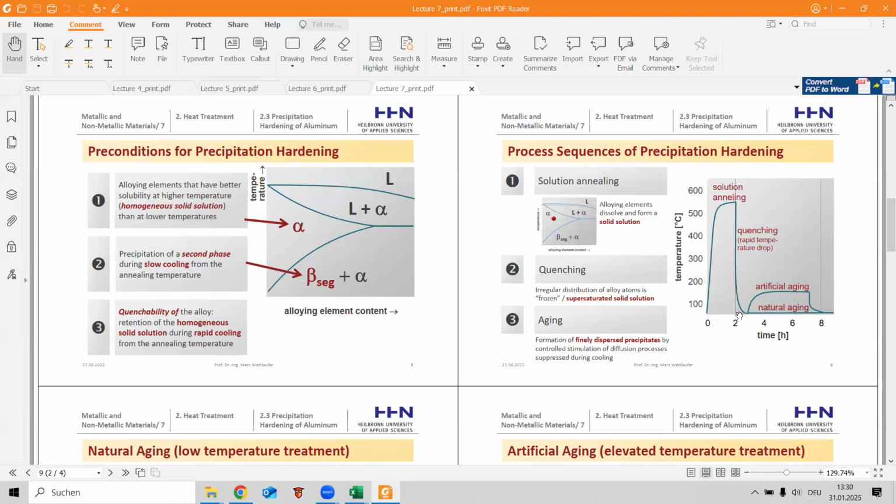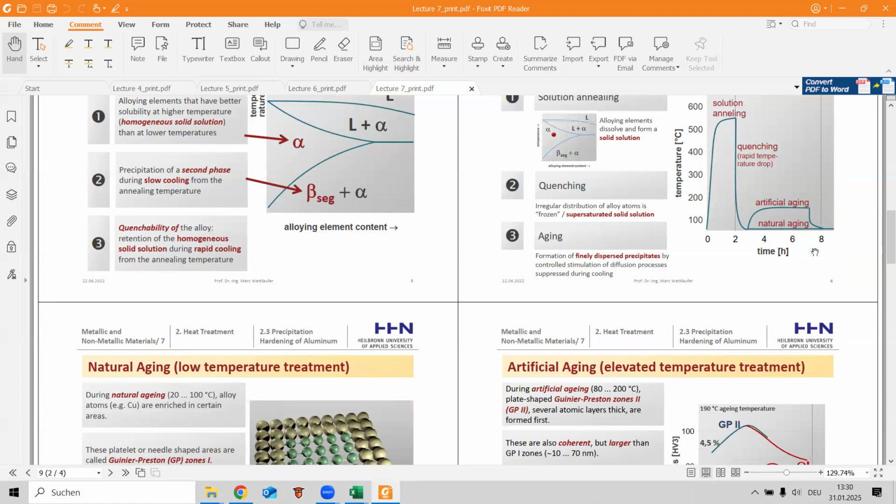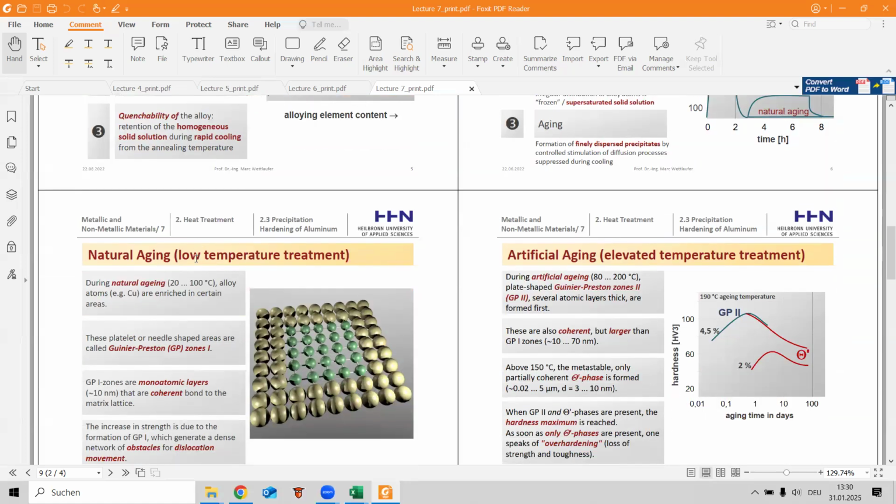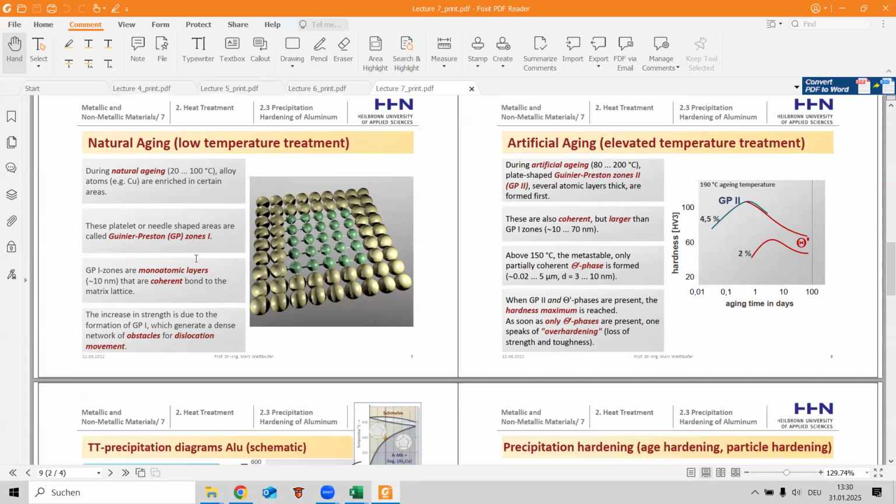This takes place and it's precipitation. For instance, from a routine sheet certain areas, platelets or needle-shaped areas, are called Guinier-Preston zone 1, GP zone 1.